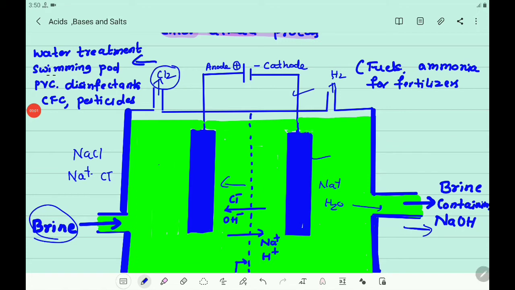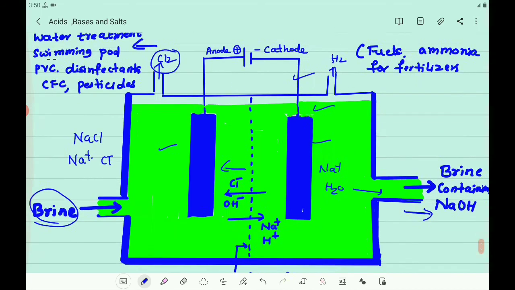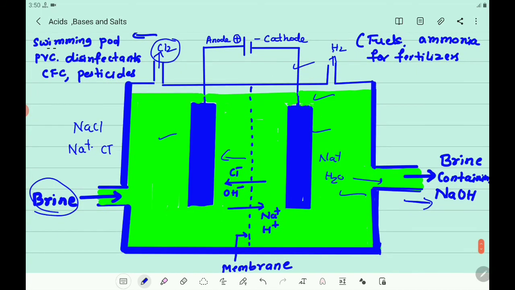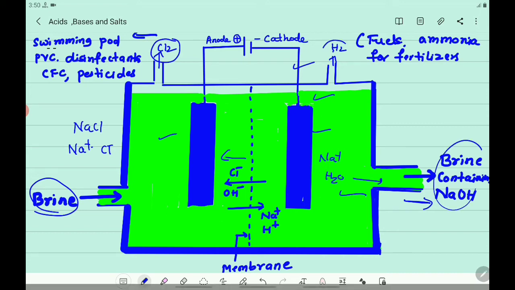The chlorine gas is given off at the anode and hydrogen gas is given off at the cathode. Sodium hydroxide solution is formed near the cathode, and the three products in this process are sodium hydroxide, hydrogen and chlorine.